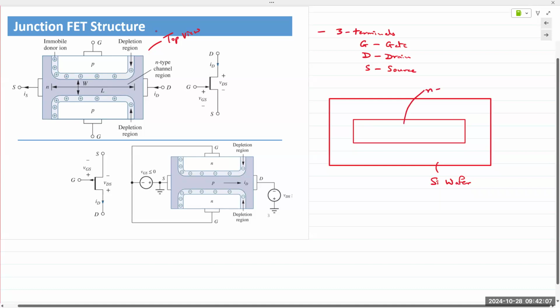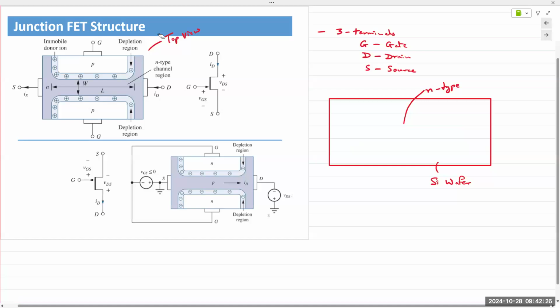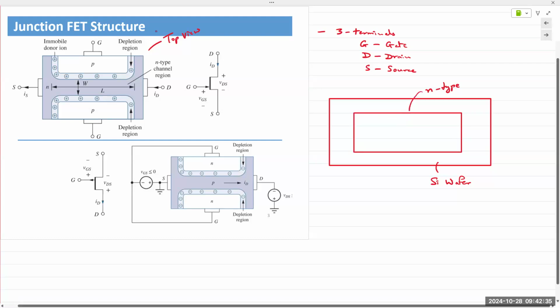Excuse me, N-type material. Okay, N-type material. And then inside this N-type material, we will implant two junctions of P-type material.